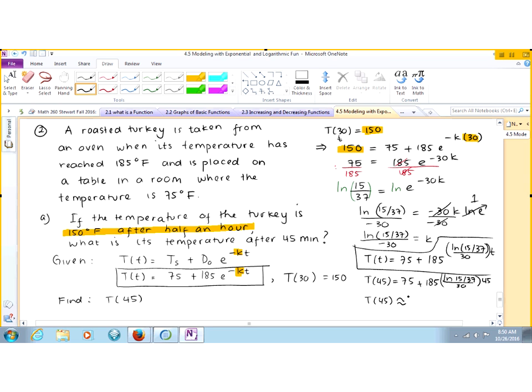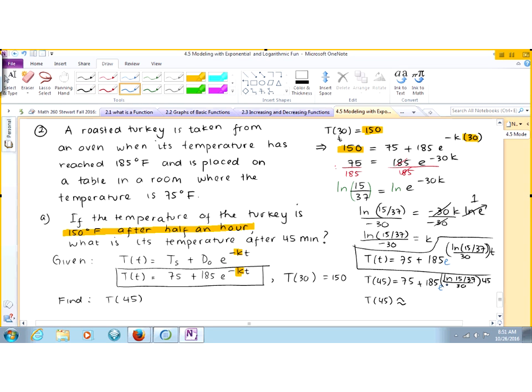Oh, mine gives a syntax error. Hold on. Let me see. Oh, I know why. I forgot my e.